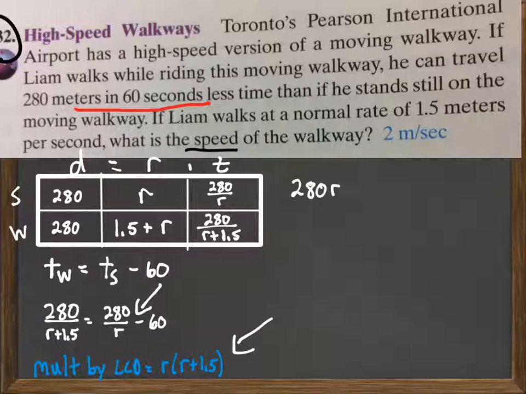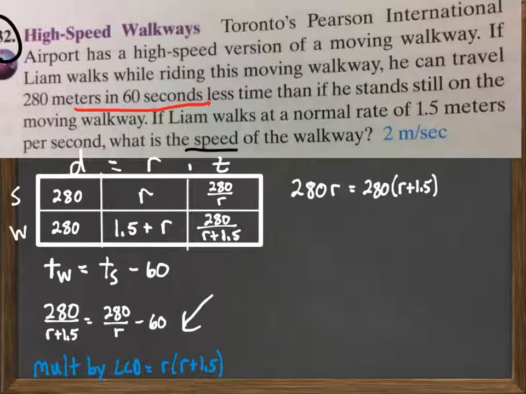The r's will cancel out, and so we'll just have 280 times r plus 1.5. And then don't forget, also multiply your common denominator times 60. That will give us minus 60r times r plus 1.5.